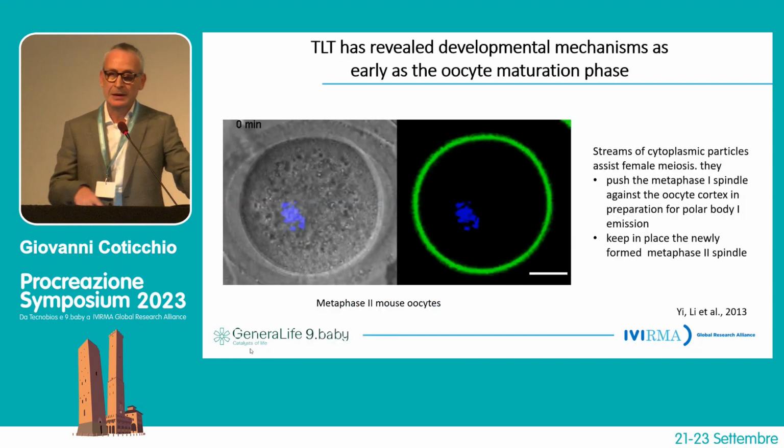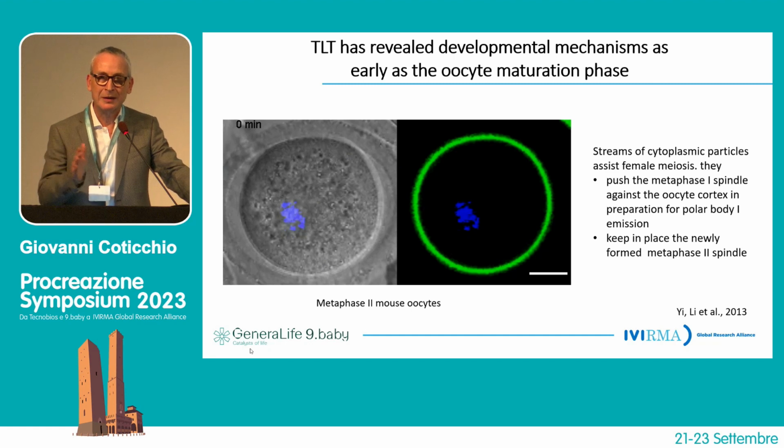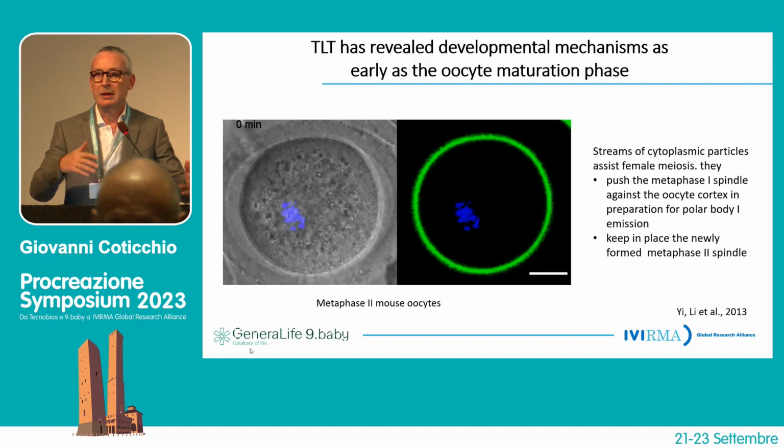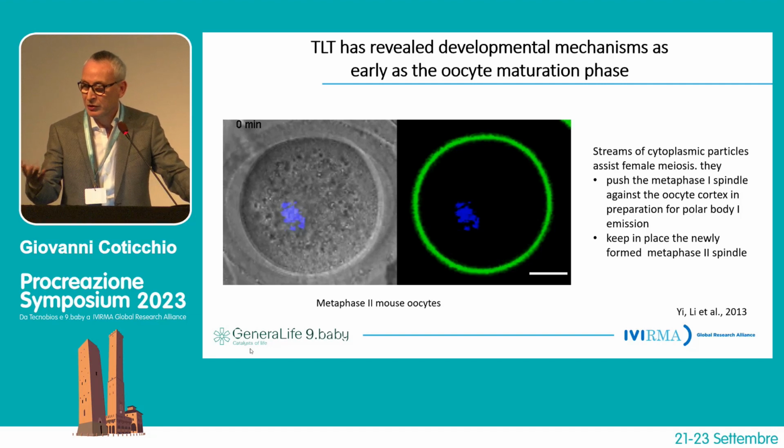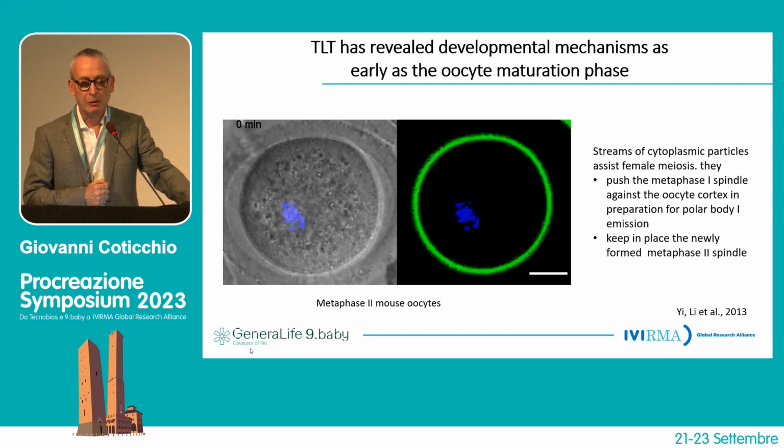And in fact, time-lapse technology can be further extended to previous stages compared to the beginning of life we try to achieve in an IVF lab, because it can also reveal developmental mechanisms which are relevant to the maturation of the fully grown oocyte.